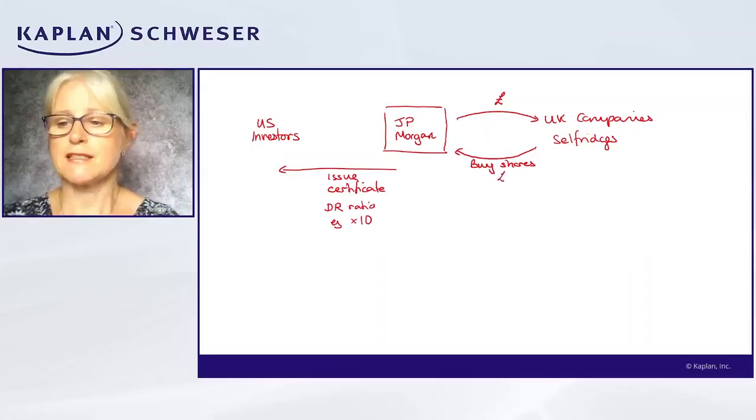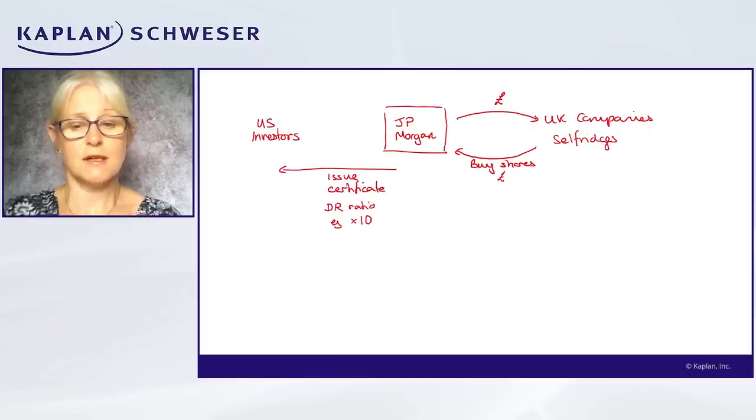So those shares have a share price that is in pounds, but they've been locked away, and what JP Morgan do is they issue a certificate which trades in the US in dollars.